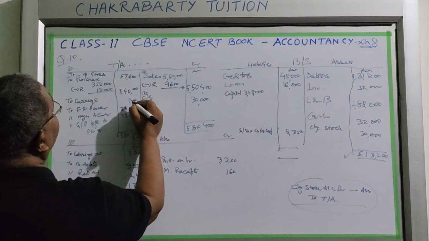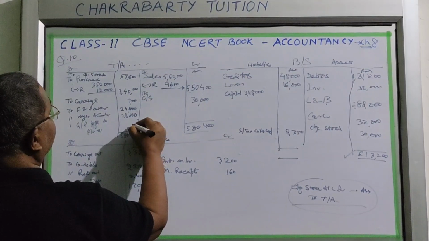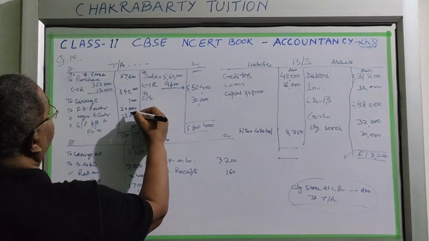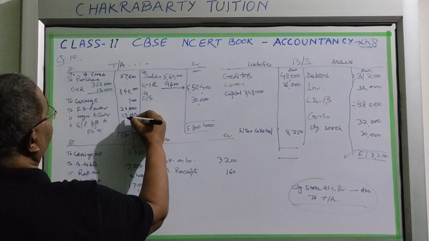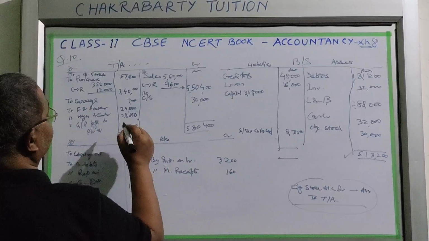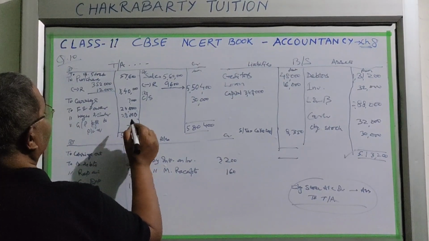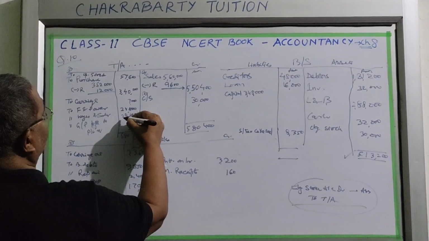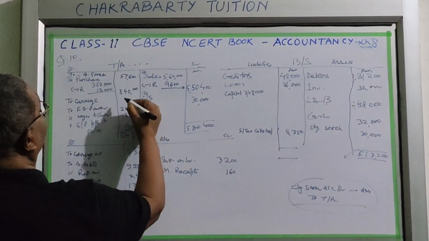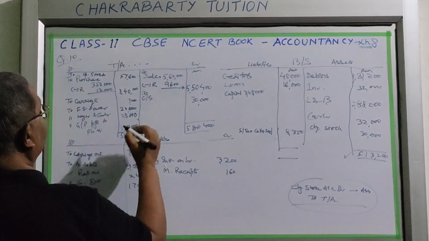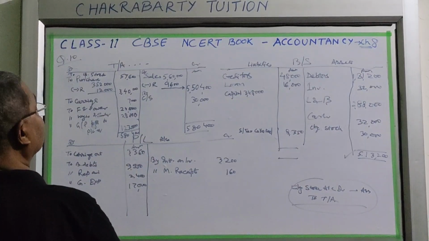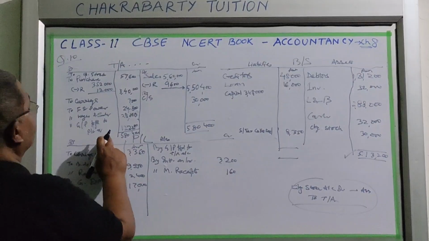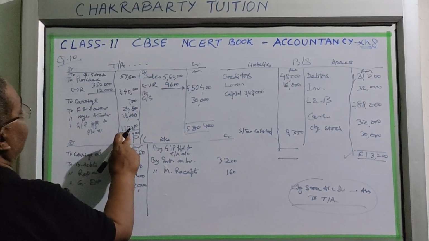1,23,200. So here the GP will come, 122.